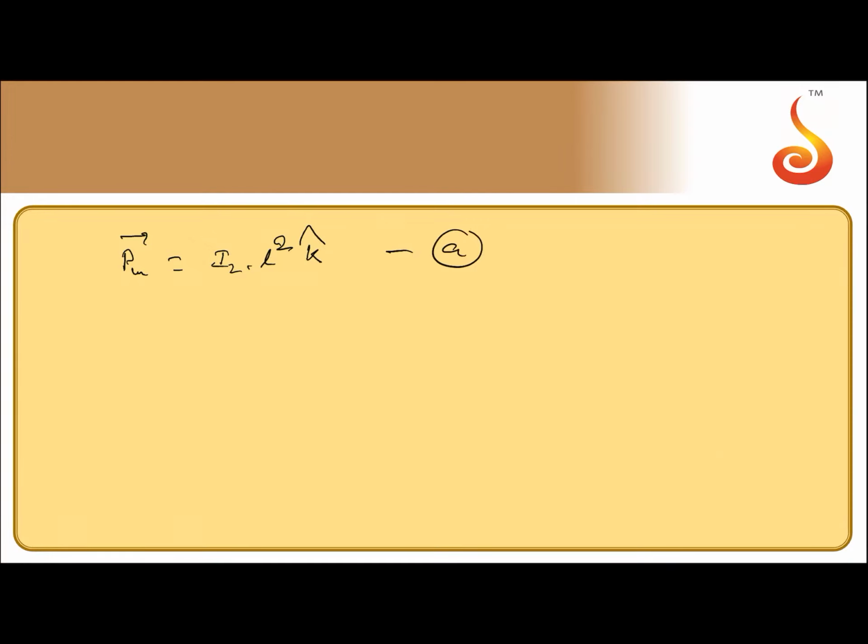So option A is correct. And potential energy is given by this, minus mu dot B. So we can see that this is simply equal to minus mu B into cos 180, that is plus mu B. So U is positive, so maximum, not minimum.